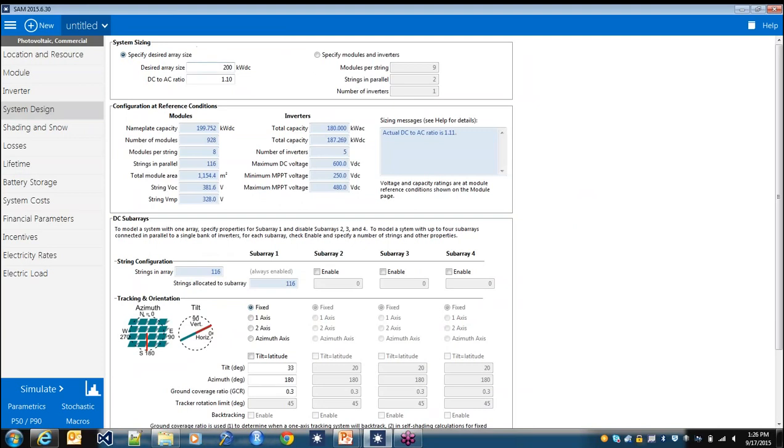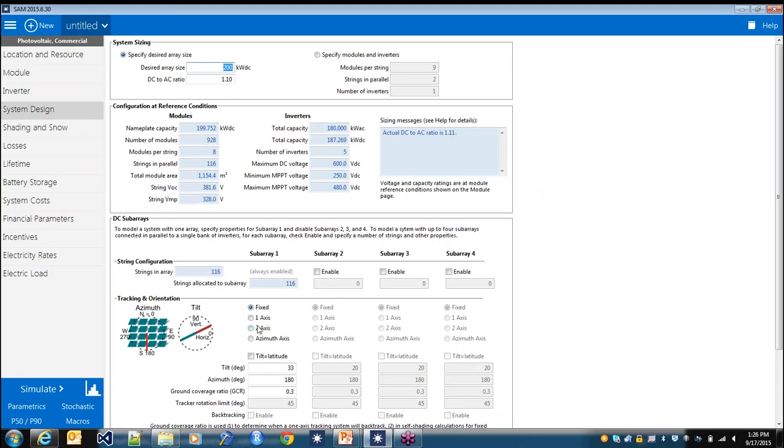By default, for the commercial case, the PV system is 200 kilowatts and has a DC to AC ratio of about 1.1. You can see those properties here. And we'll just go ahead and leave the rest of these properties alone.